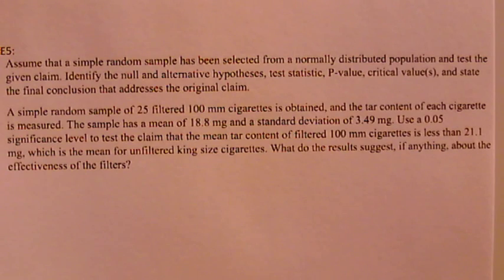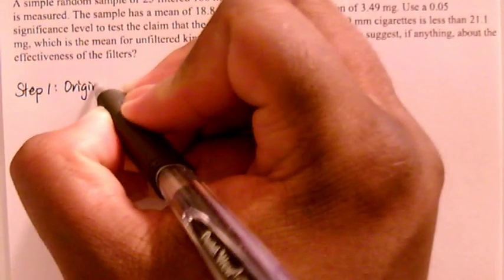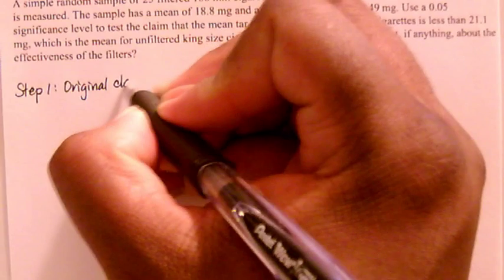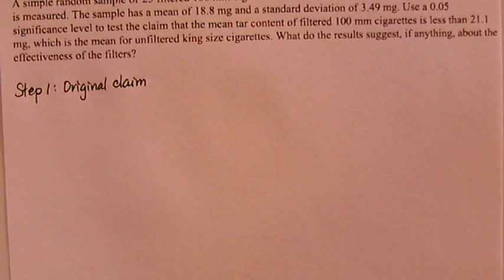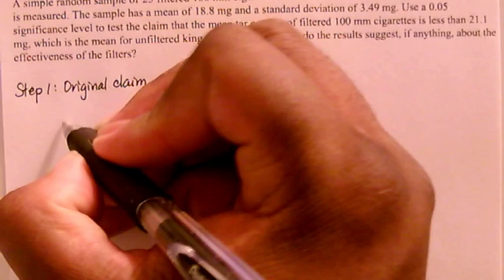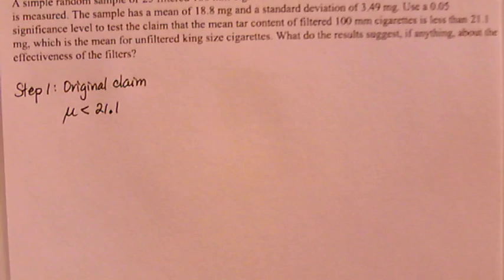Okay, so in this case here, this is where we apply the 8-step procedure. So here, step number 1 is stating the original claim. And the original claim states that the mean tar content of filtered 100 millimeter cigarettes is less than 21.1. So that means that mu is less than 21.1.